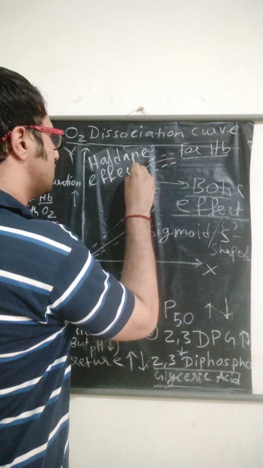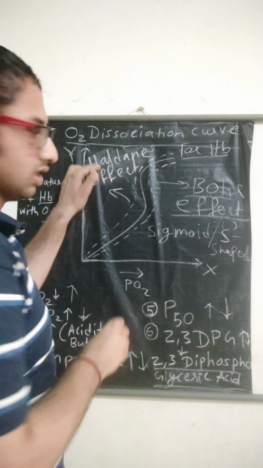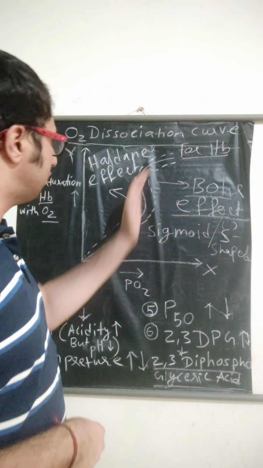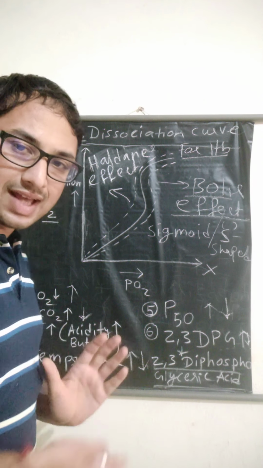So if the curve is shifting toward the left direction, that is the Haldane effect. And when it is moving toward the left direction, what is there on the alveolar side?